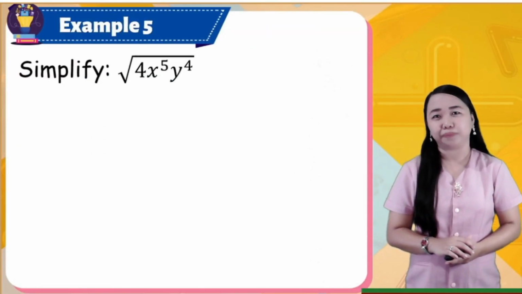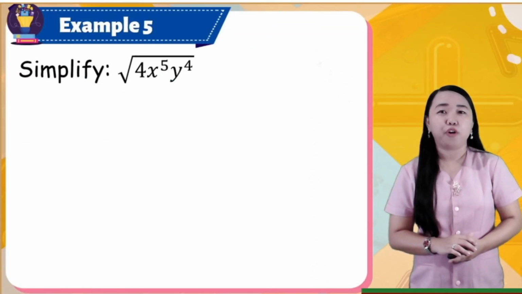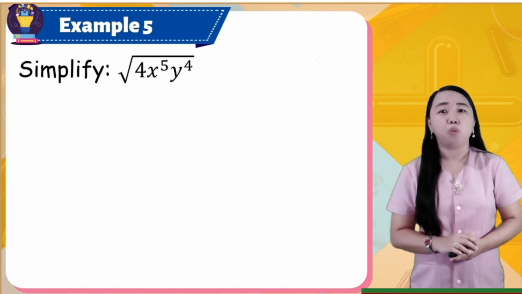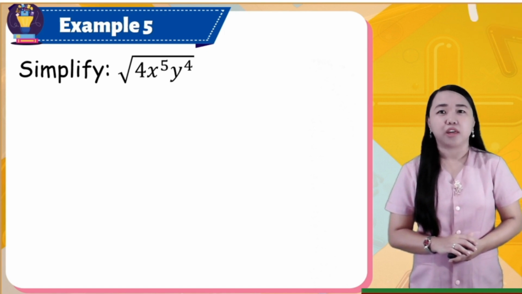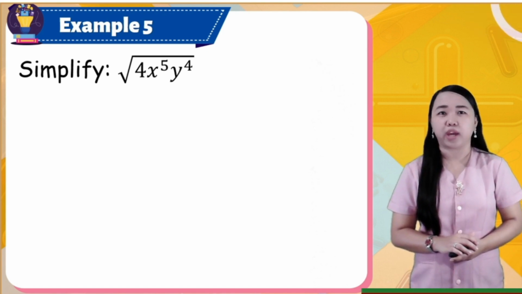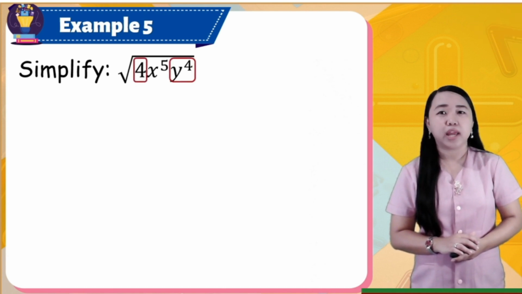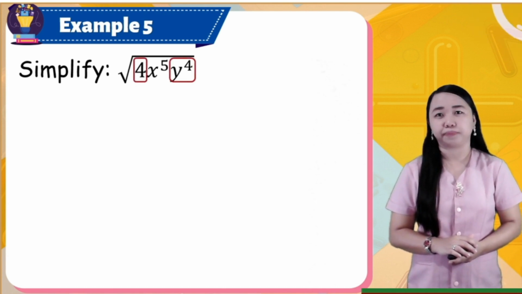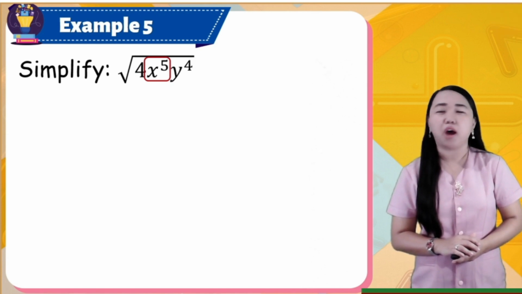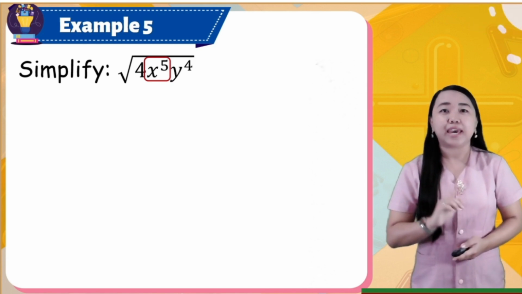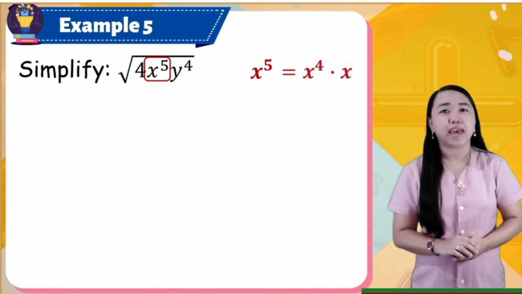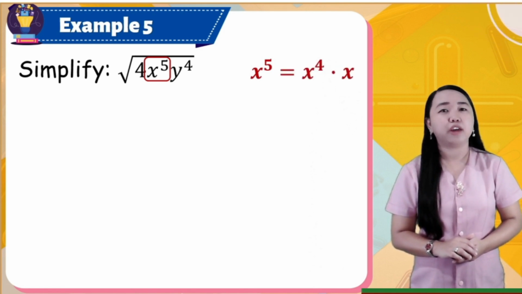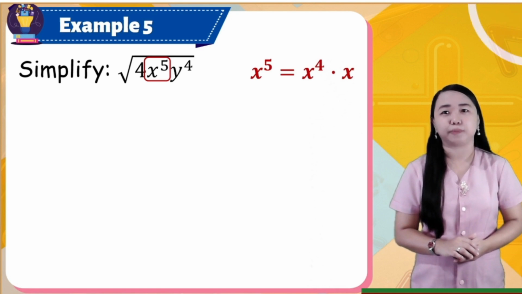Last example. Square root of 4x raised to 5 y raised to 4. In this example, apply the product rule for radicals. There are already two perfect squares, 4 and y raised to 4. X raised to 5 is not a perfect square, but it has a perfect square factor, x raised to 4, and the other factor is x.